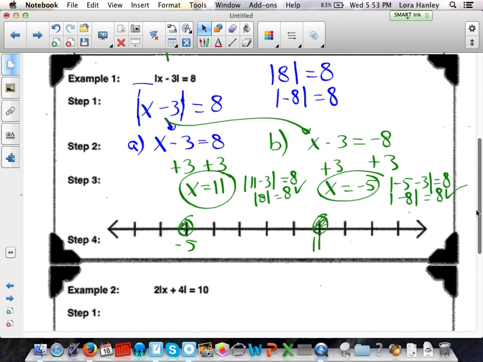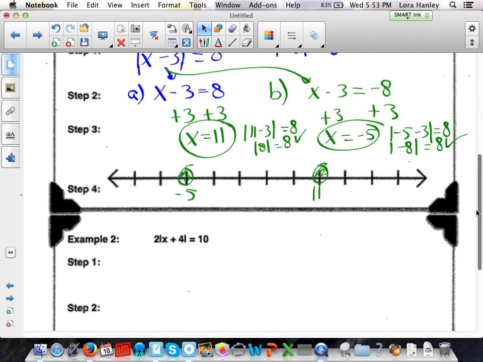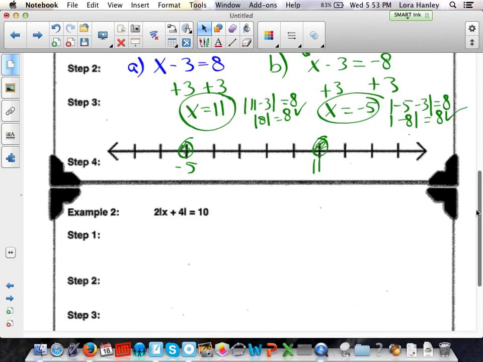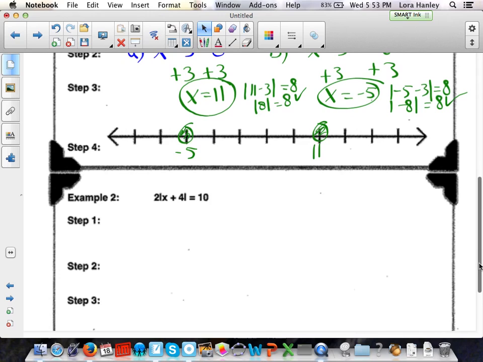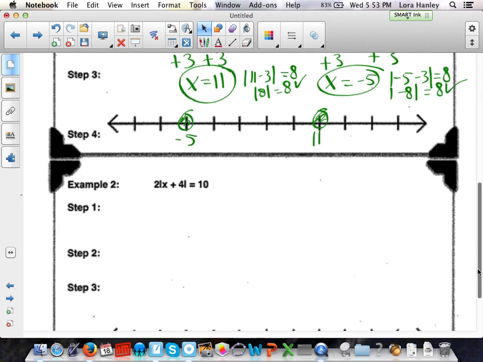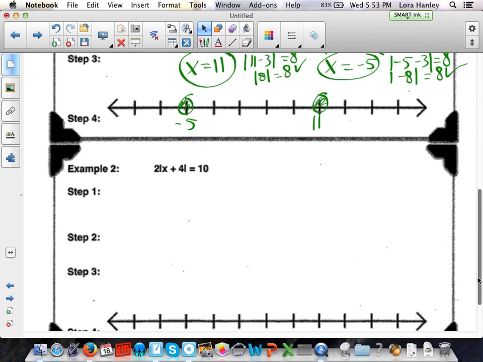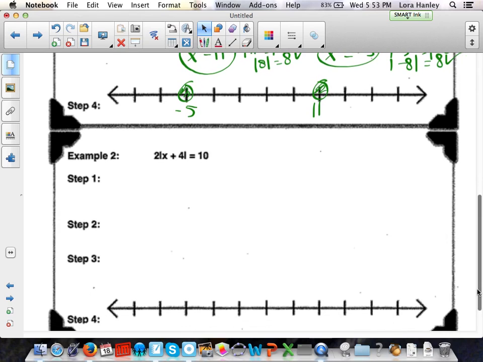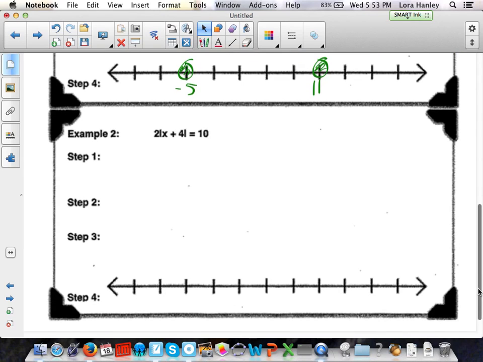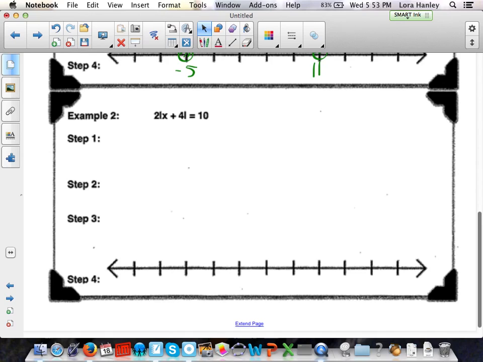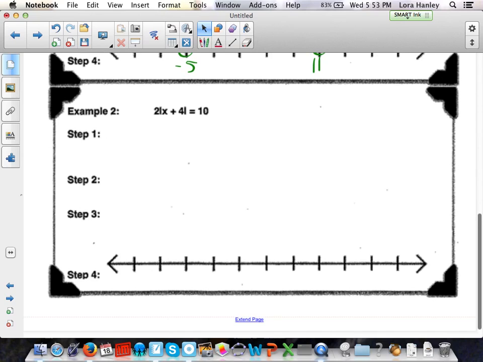All right, one last one, same steps to follow. This one adds a little bit of a trick for us though. The difference between example 2 and example 1 is that example 2 has a 2 in front of our absolute value. So treat absolute value almost like you would parentheses. The first thing that we have to do is get rid of that.